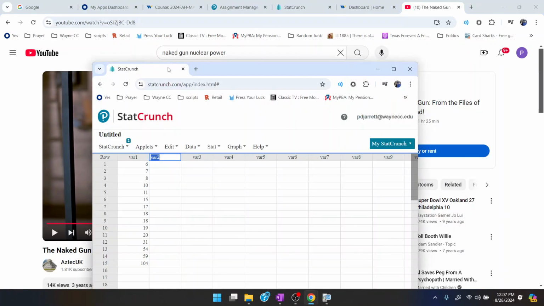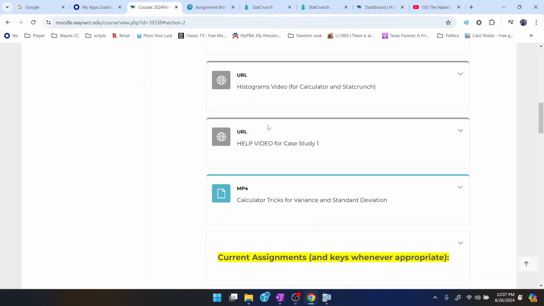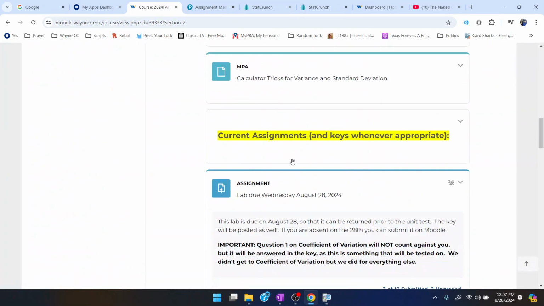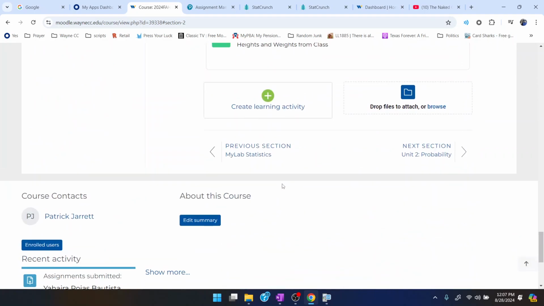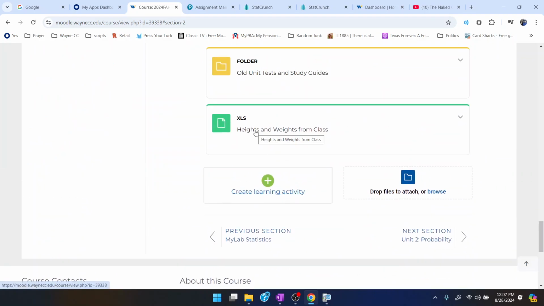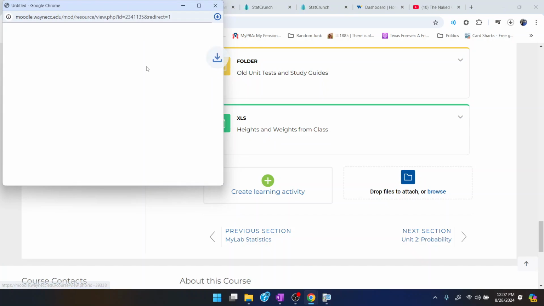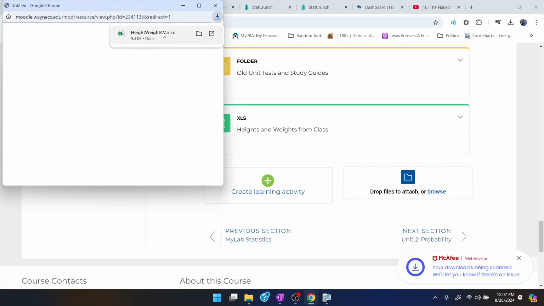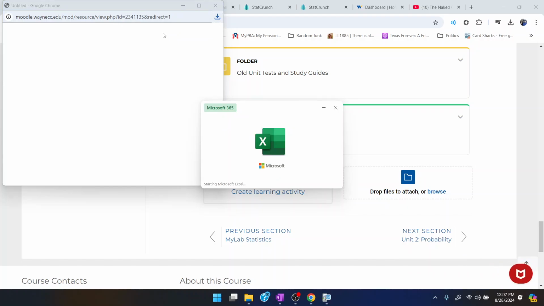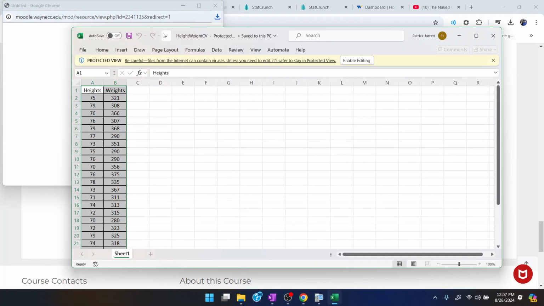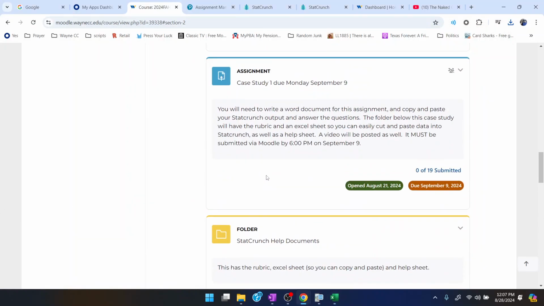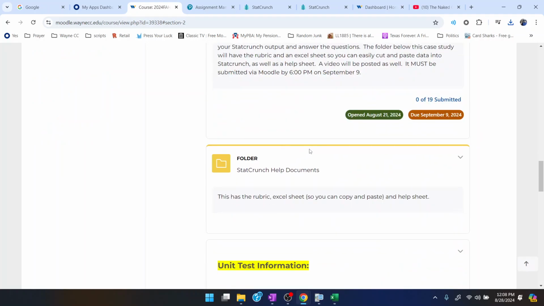I'm going to put this back up here. If you go to Unit 1, under where it says XLS, you can type in 50 pieces of data on your StatCrunch, or you can open an Excel file. It might need to be refreshed. It should be under Unit 1.